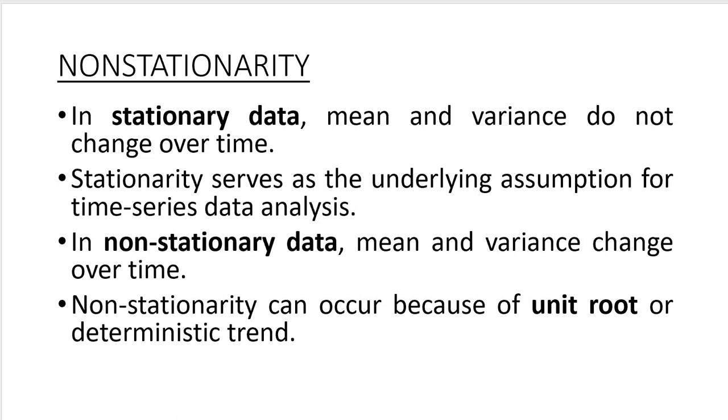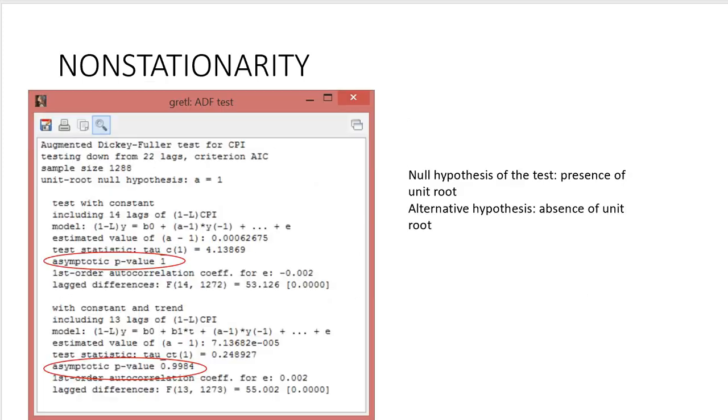That's why it's always useful to check your data for the presence of unit root. And again, you can run this test in Gretl if you click on the variable and choose testing for unit root. So here I analyze whether CPI, or consumer price index, trend is stationary or not.